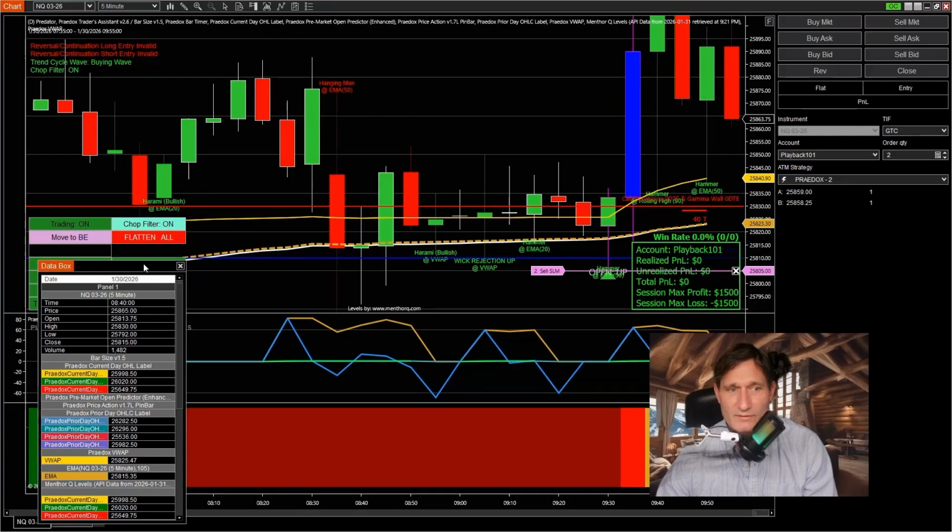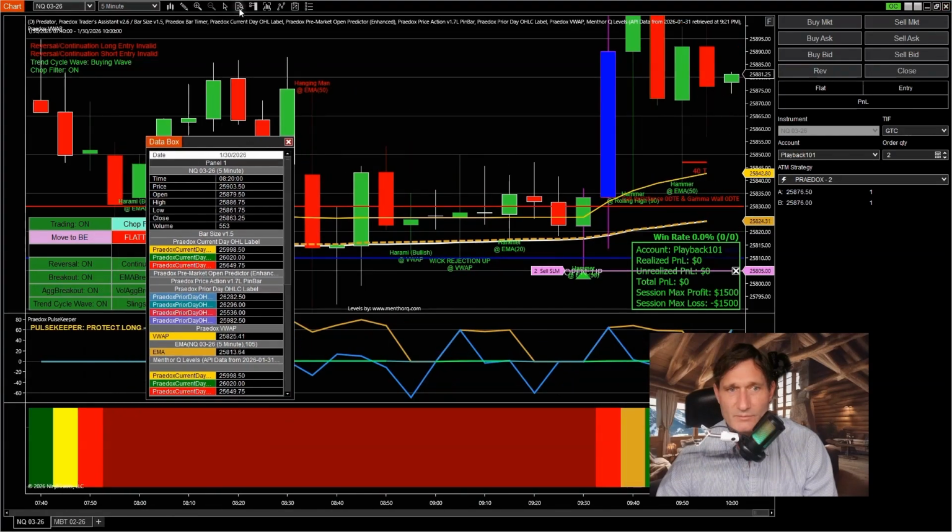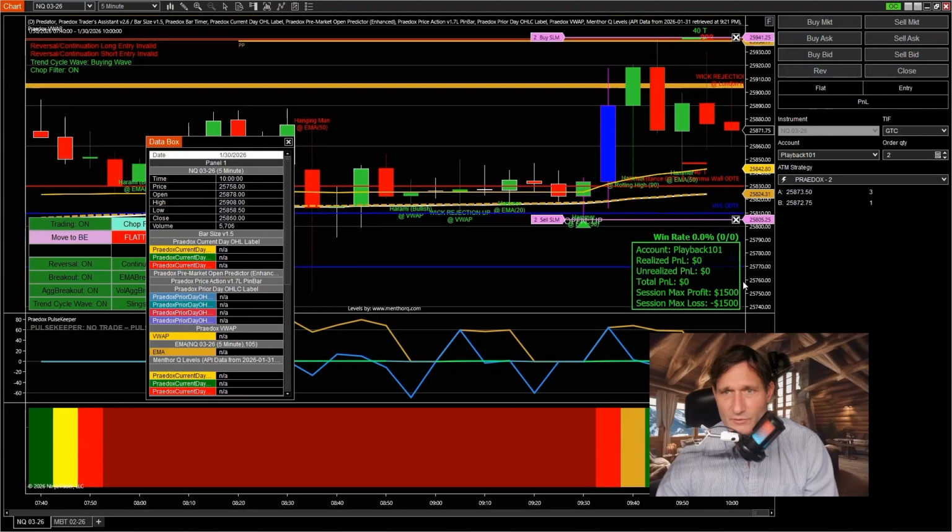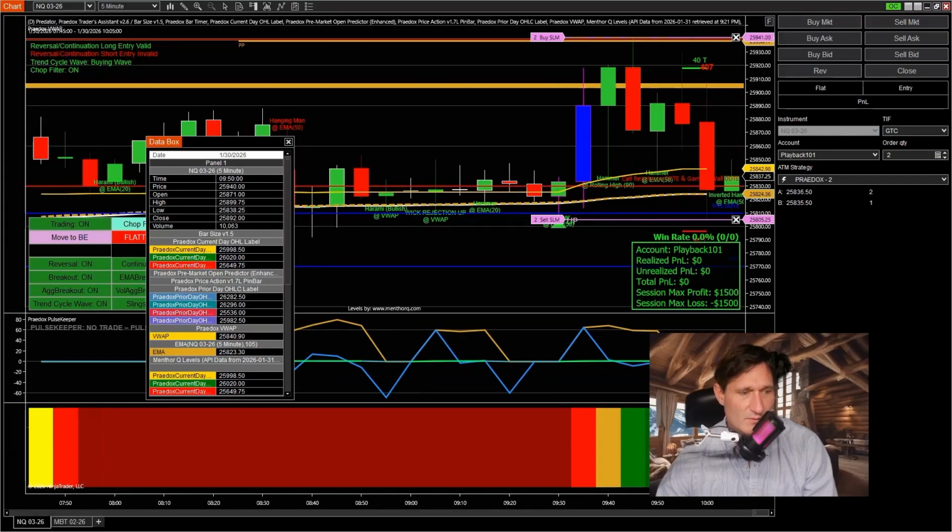Let me make sure I got it. If you click this box up here, that'll bring up a data box and you can see the low of this 5-minute candle, 805.50. Move that to 805.25, or you can give it a little more room there. High 9:40. This slows down a little bit. All right, now we're at 1 times speed.